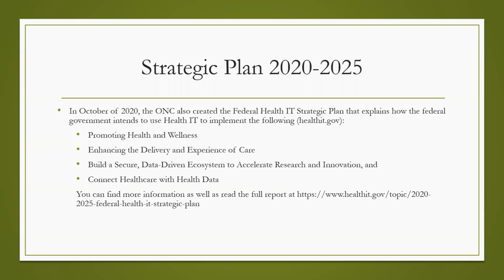This is within the health community as well as within the health information community as well. And connecting healthcare with health data, because these tend to be 2 very disparate systems.